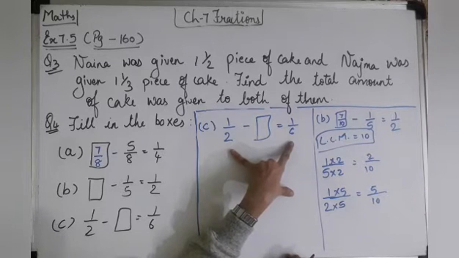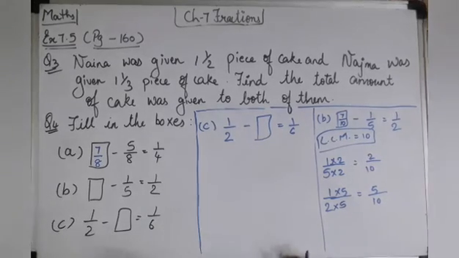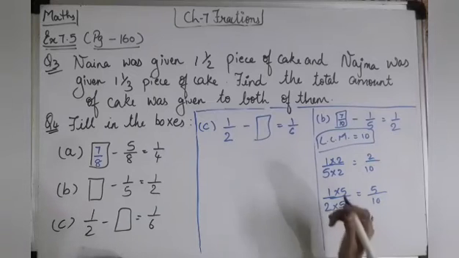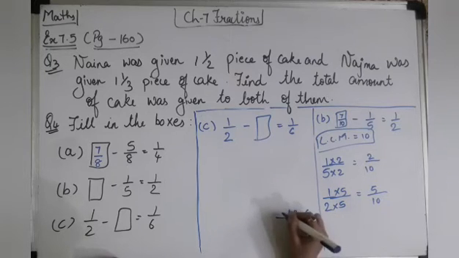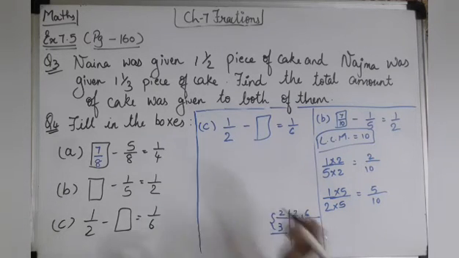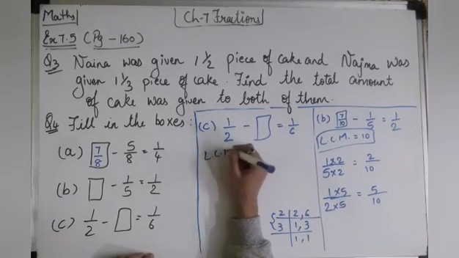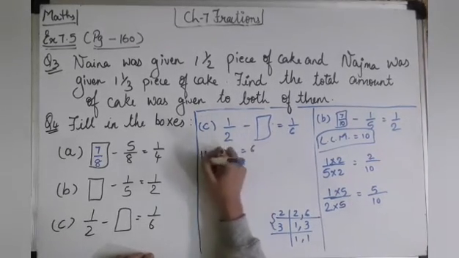First we have to convert into the like fraction. For that we have to do the LCM. 2 and 6. So in 2 table both are coming. 2 1s are 2, 2 3s are 6. So LCM we got 6.